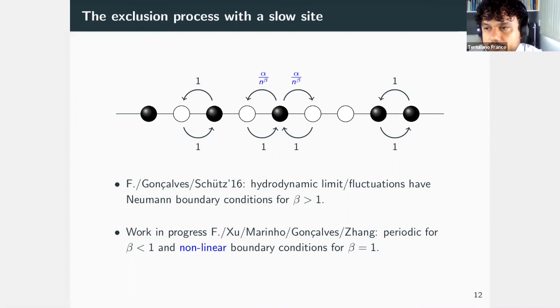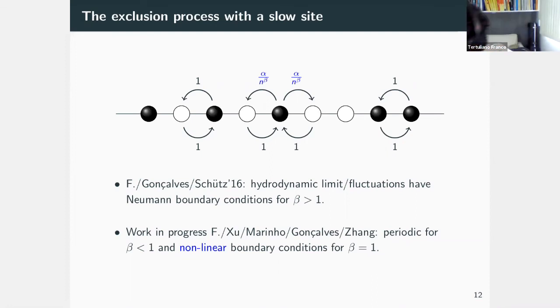It's a surprising thing. This is completely different. In the previous case, for the slow bond, all the boundary conditions were linear: the derivative of phi is equal to alpha times a difference. That's linear. So we really believe that in this case it's non-linear. I think we are almost there. It's a very challenging problem.